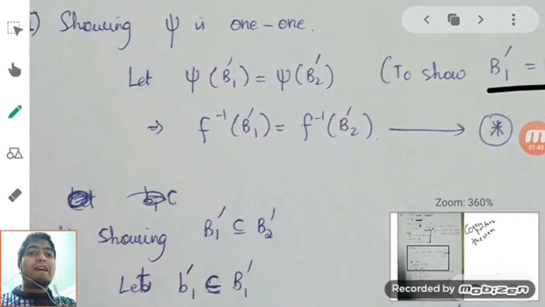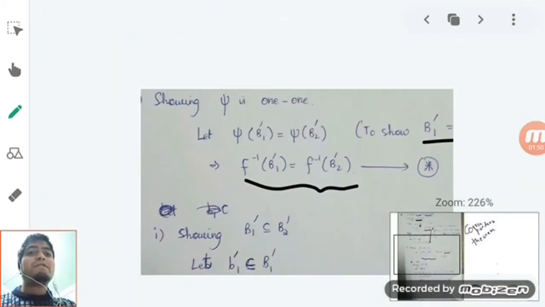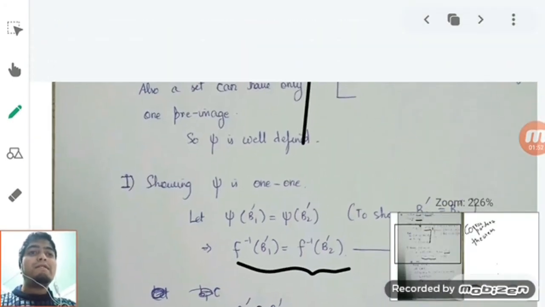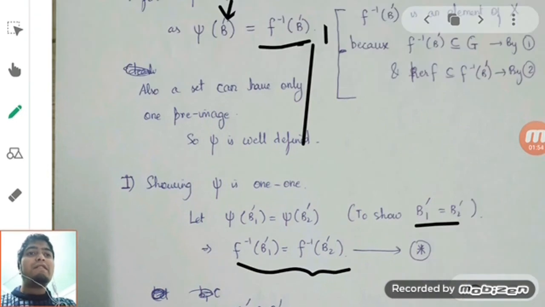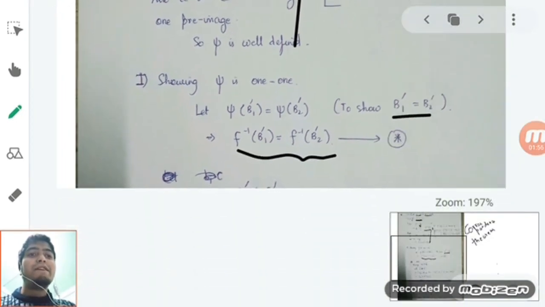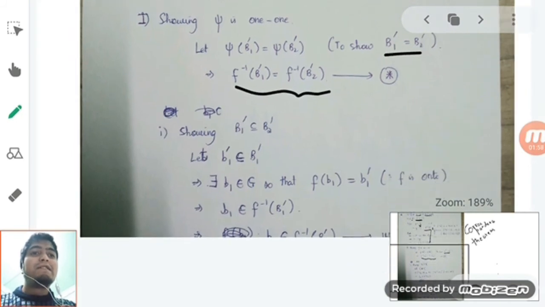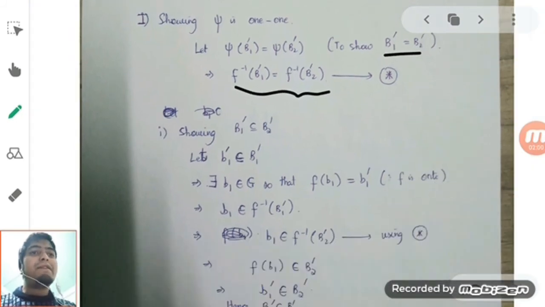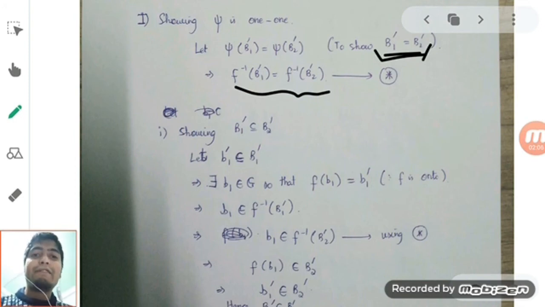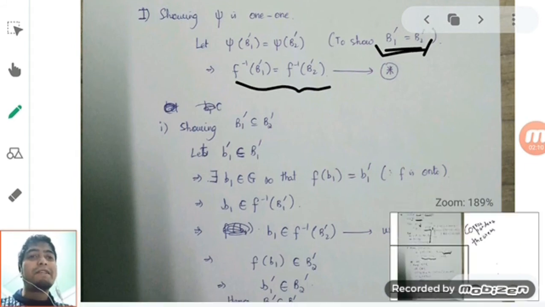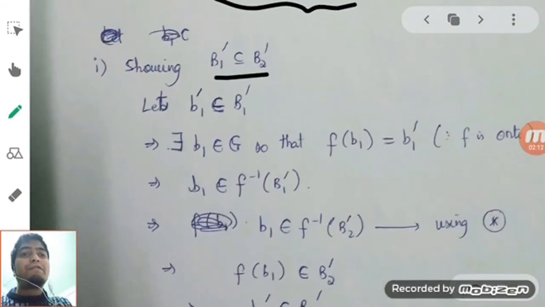By the definition, psi of b1 dash is equal to the pre-image of b1 dash. Again, these are now sets. If you need to show that they are equal, you need to show that one is a subset of the other and the other is a subset of the first one.